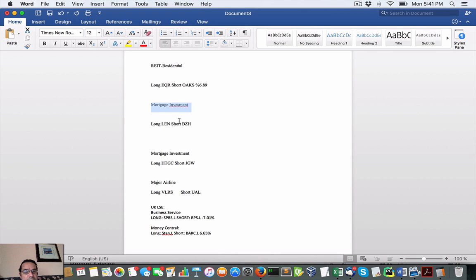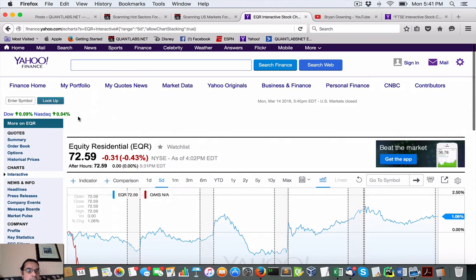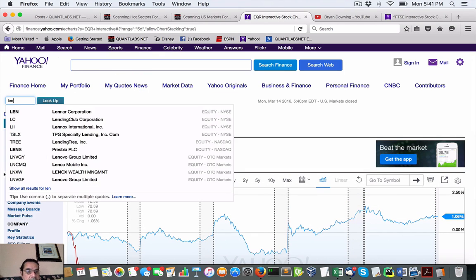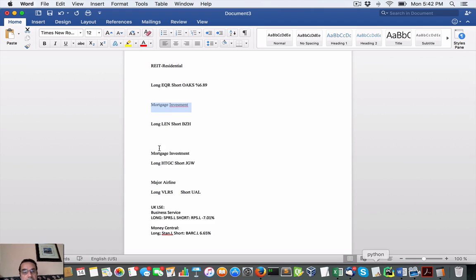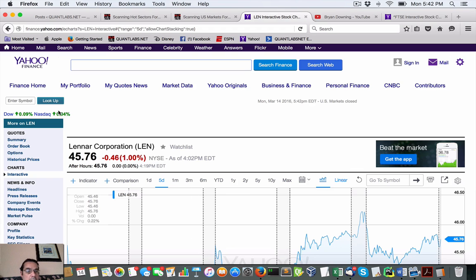So mortgage investment. Our long was LEN, Lennar, on the 5-day chart. And our short is BZH. Okay, so a short comparison, BZH.